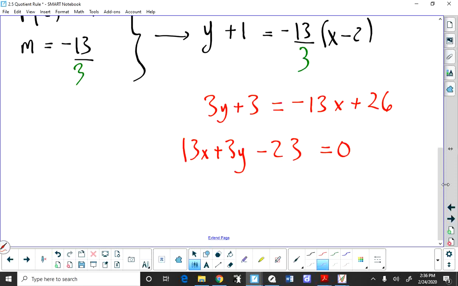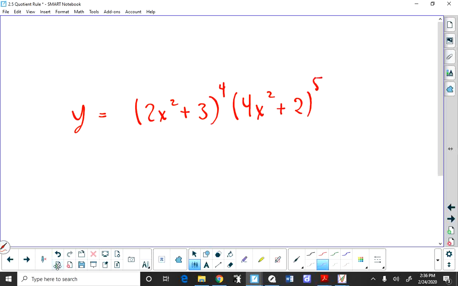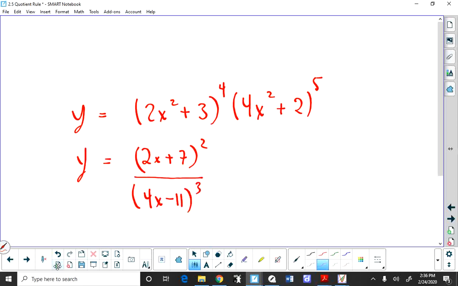And that's the quotient rule. So tomorrow we will learn the chain rule, which will allow us finally to find derivatives of things like that, or that.